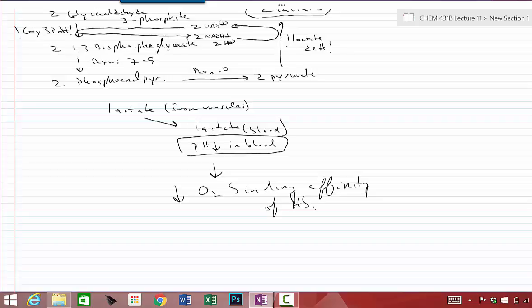And then that hemoglobin goes up into our lungs and can capture more oxygen and deliver it more efficiently.